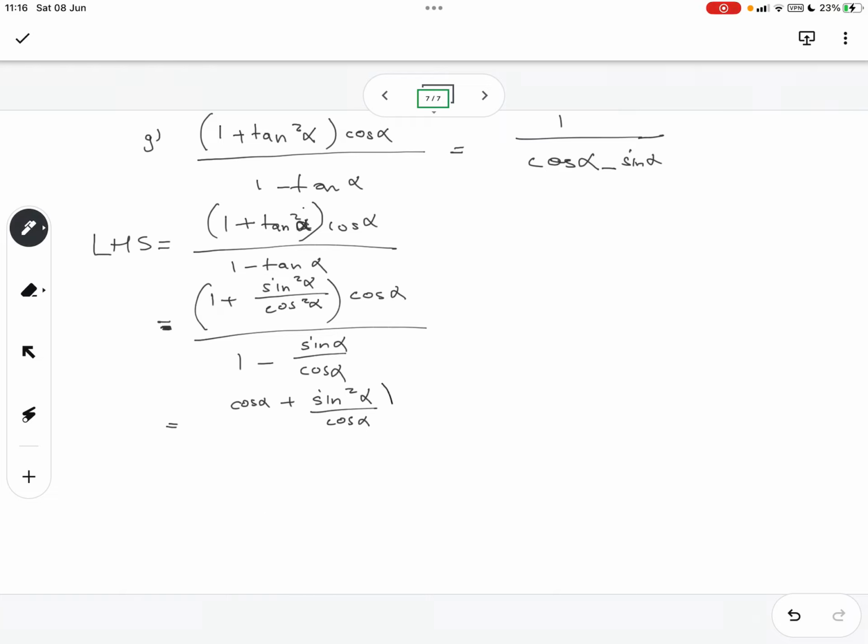Oh, it's supposed to be this times that and this times that. So here we must have cos alpha. My mistake.